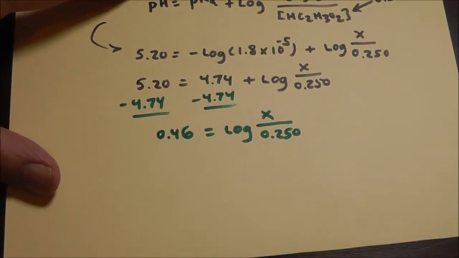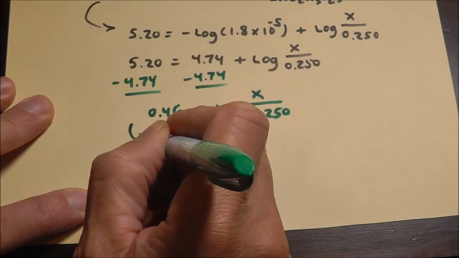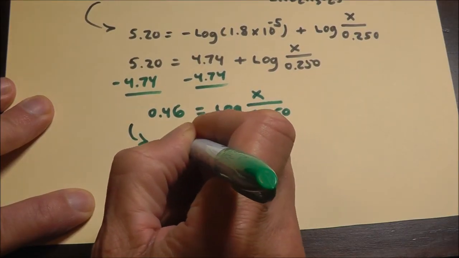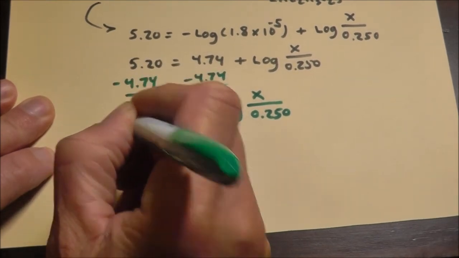So we're going to have a little bit bigger than 0.25, or you just trust your calculator and you do a 10 to the X of both sides, or an inverse log, I should say. So 0.46 on the calculator, and 2.88 is what happens when you do 10 to the 0.46.